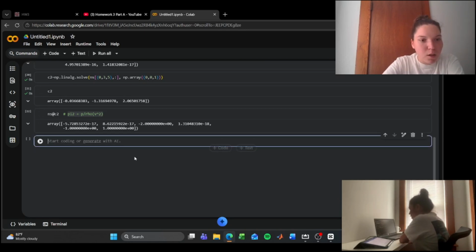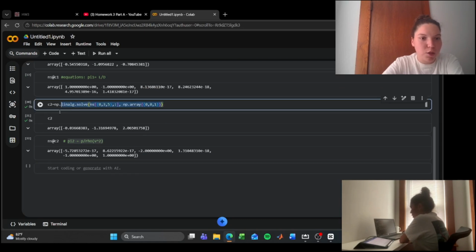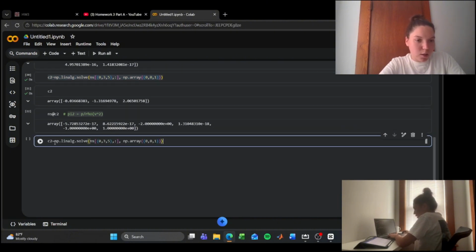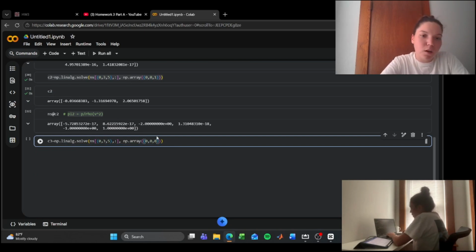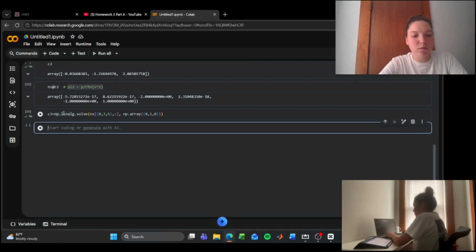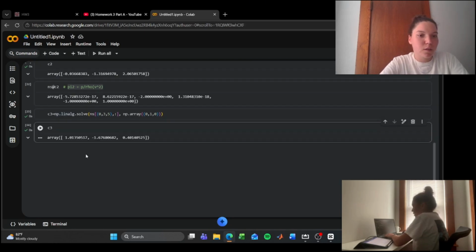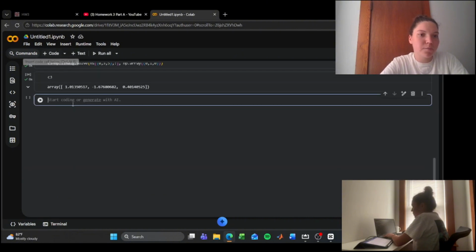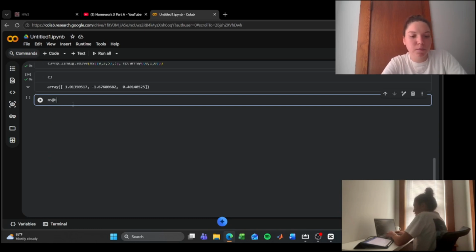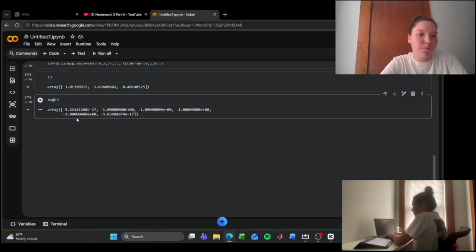And then I'm going to do the same thing to solve for C3, because we have 3 equations. There we go. This is C3. And for C3, we put viscosity to the first power. Great. That's that array. Again, taking the dot product between the null space and, this time, C3.